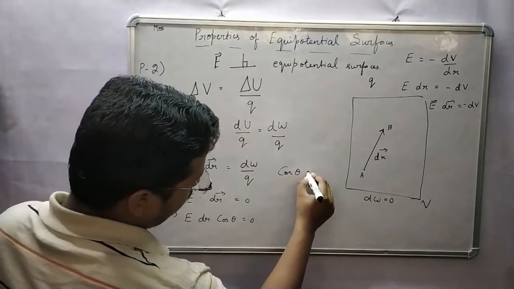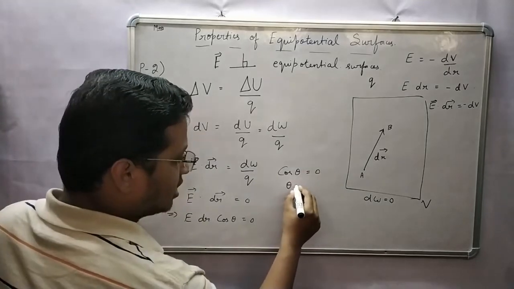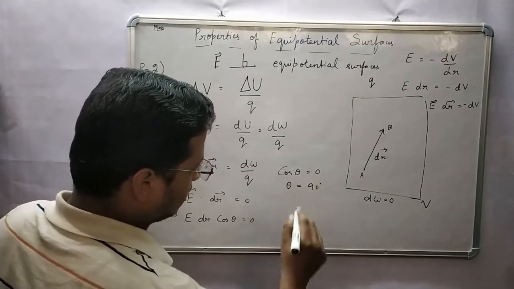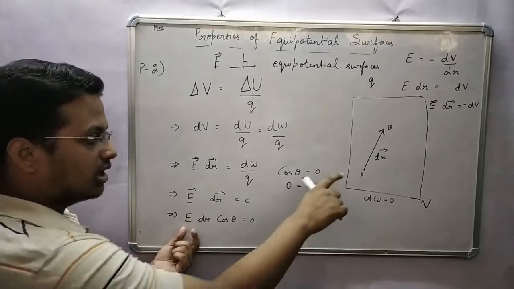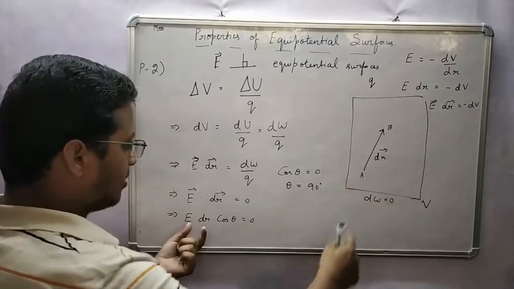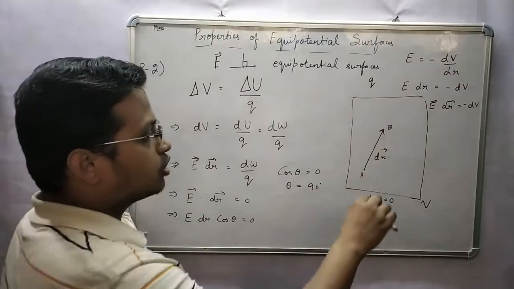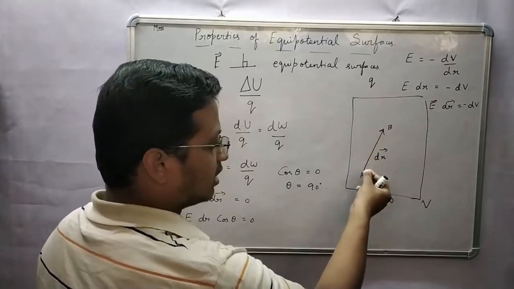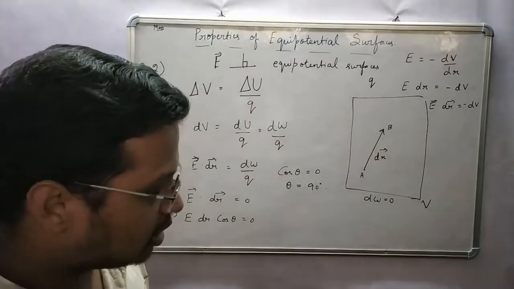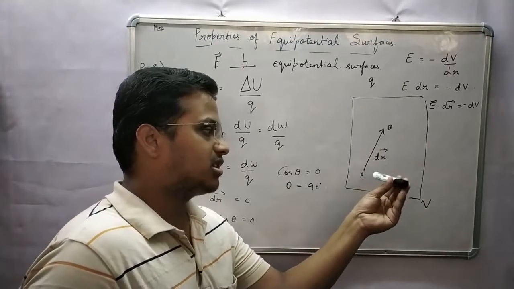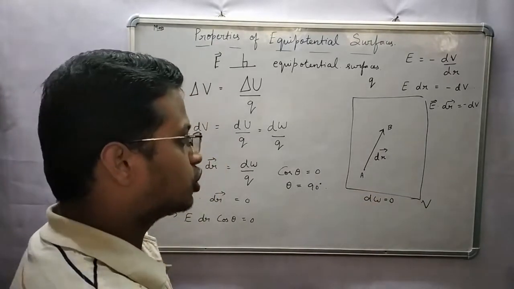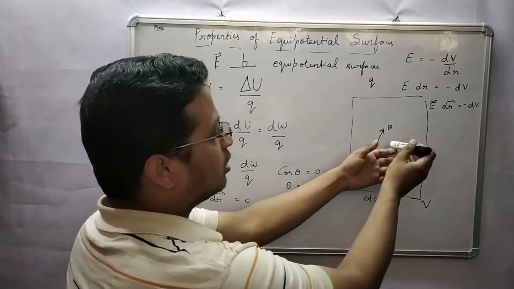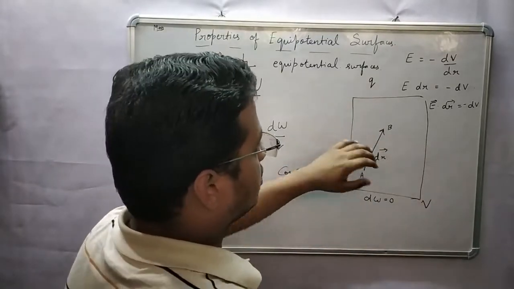And when is cos theta 0? Cos theta is 0 when theta is 90 degrees. So the angle between the electric field and the dr vector is 90 degrees. Similarly, whatever may be the direction of dr, the electric field always has to be perpendicular. So the electric field will be in this direction, so that it is perpendicular to all the displacements on an equipotential surface.